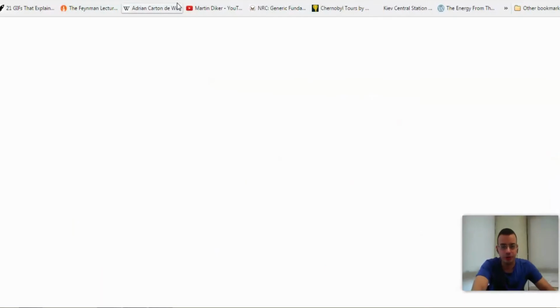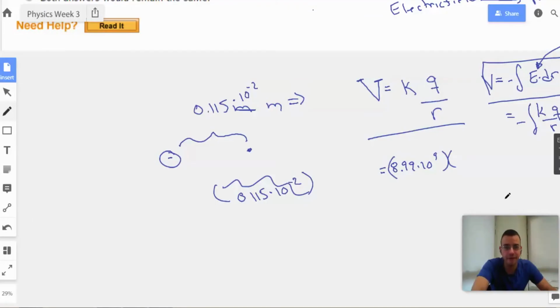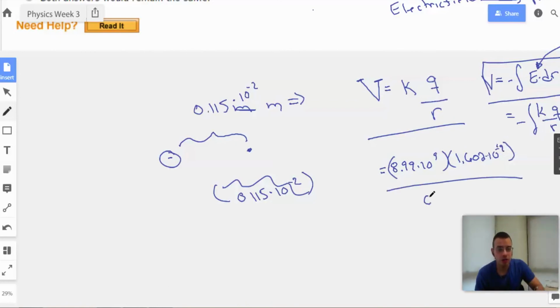Probably should pull up Wolfram too. There we go. And we get an electric charge, 1.602 times 10 to the negative 19th, over 0.115 times 10 to the negative second.